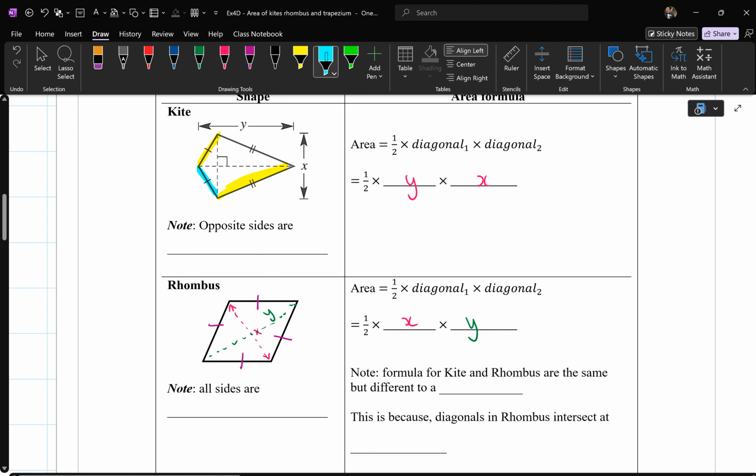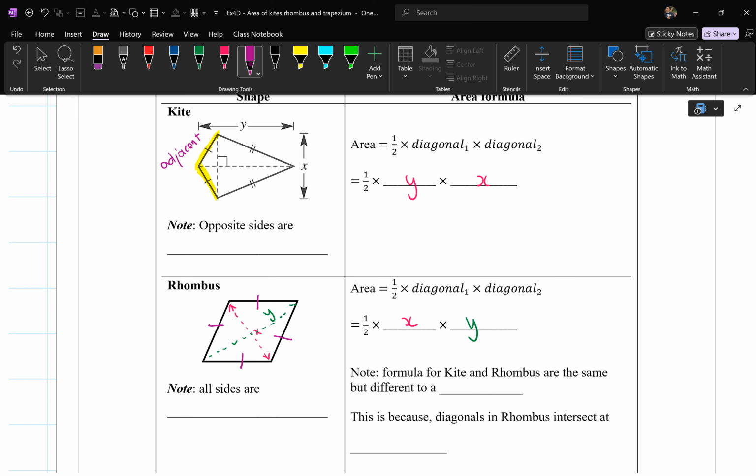What's funny is that they're the same when they're next to each other. The special name for that is adjacent. Adjacent means next to each other, so a kite has adjacent sides of equal length. That's how you know you've got a kite.